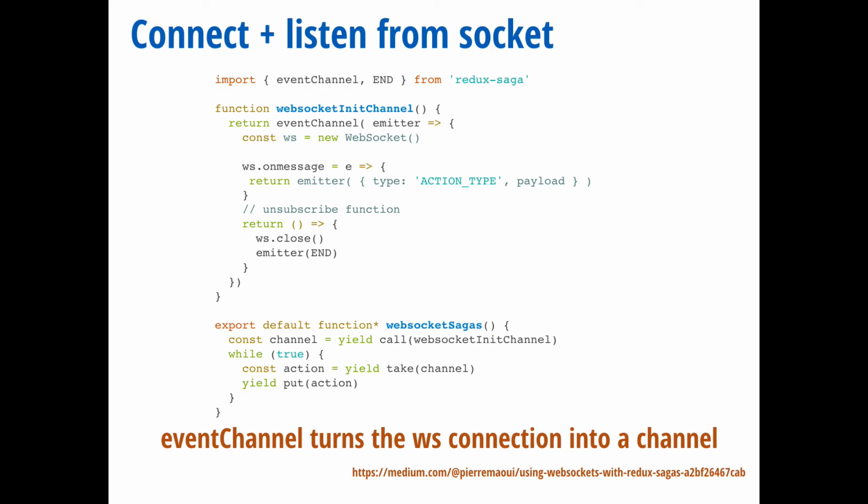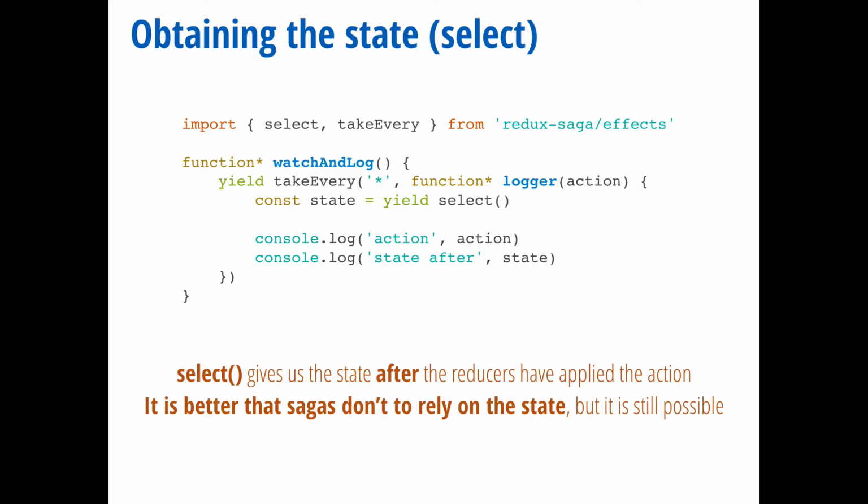So we can emit our own actions that are not started by Redux, not started by any view, not started by any other saga, just from the WebSockets. And we can use these WebSocket sagas as if it was another source of events. We can just call it, take, and so on. If you want to know more, this post was very nice for this particular thing and has real world examples.